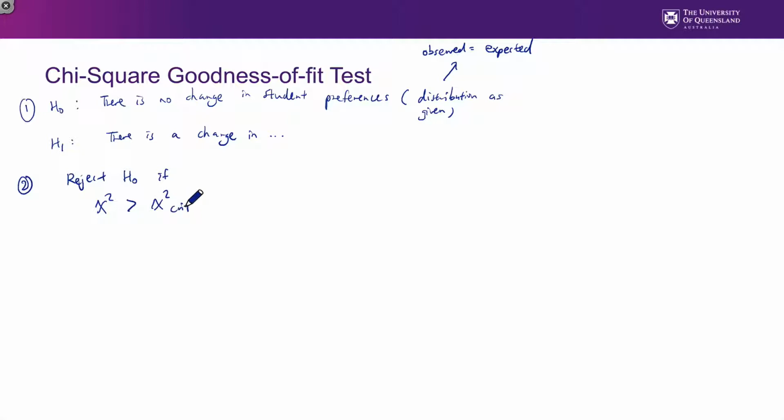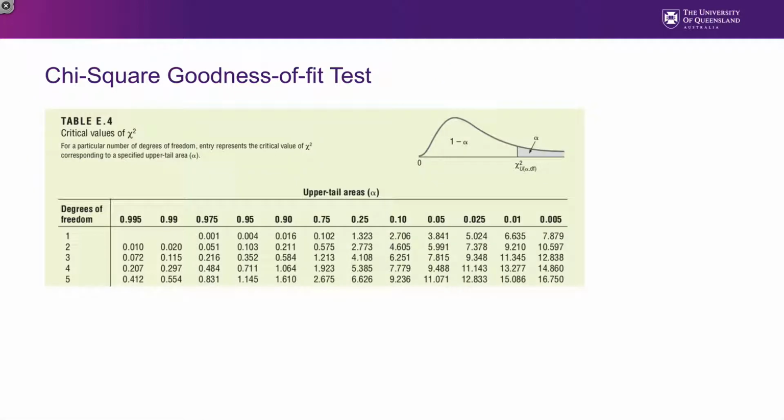And once again, we need to go into our table to figure out what our chi-square critical is. So our alpha in this case is 0.05. Our degrees of freedom in this case is k minus 1, and k is 3 because there are 3 subjects, so it's 2.